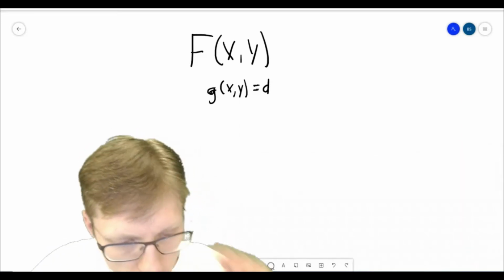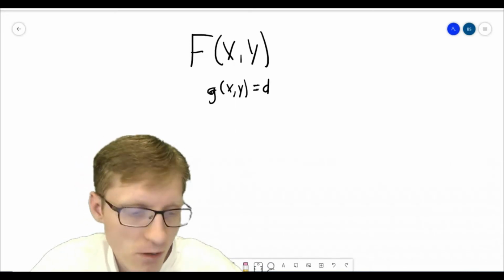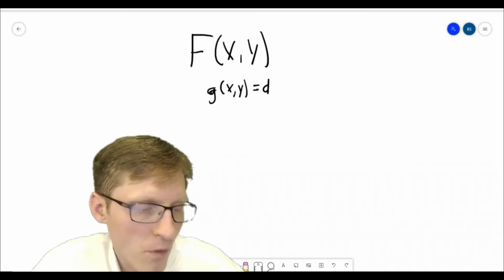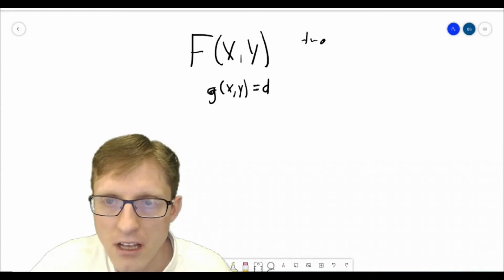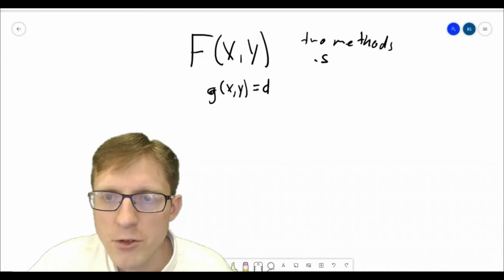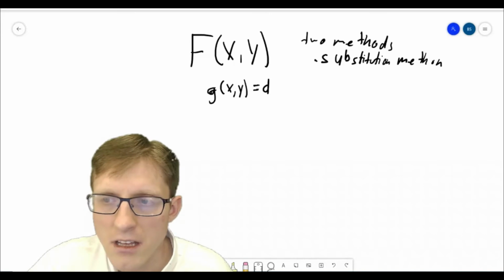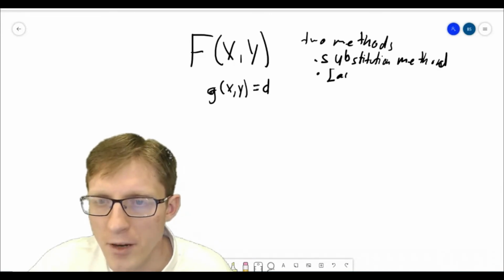Okay, so we're going to use two different methods to solve these types of problems. I'm going to show you an easier method and a harder method, where the harder method has some advantages. So the two methods are the substitution method and the Lagrange multiplier method.